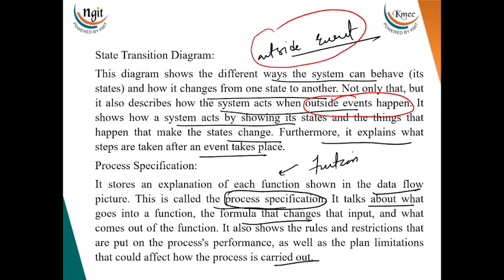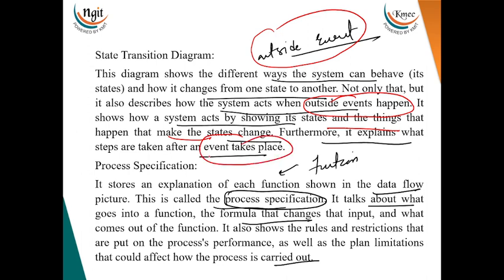It gives you a beep sound. In the same way, the diagram shows how the system behaves. It changes from one state to another. It shows how the system acts by showing its status and the things that make the change happen. Further, it explains the steps taken for that event.